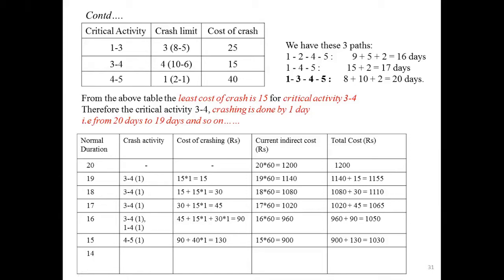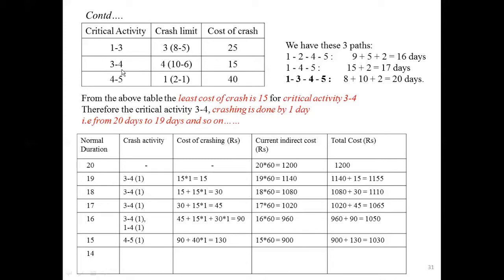Since the cost is reducing from 1050 and the duration is also reducing, we need to proceed further until all these critical activities have been crashed. As of now, we crashed the critical activity 3 to 4 by 4 days, that is 1, 2, 3, 4 days.